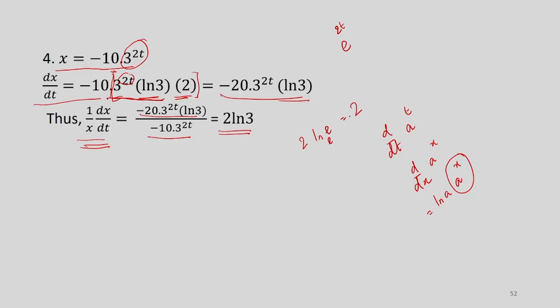Okay, and that is expected: if you have this kind of function a e to the power rt, and you want to find 1/x dx/dt, then the answer is always r. R means the coefficient in the power of e, where rt is the power. So r becomes the relative rate of increase of x with respect to t.